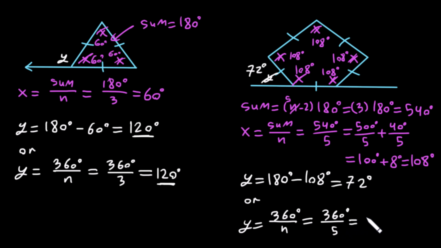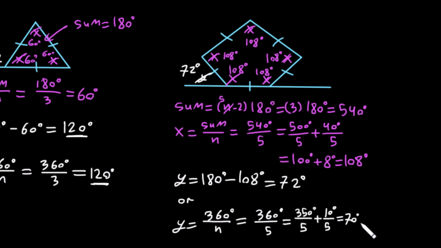360 degrees divided by 5, it's like 350 degrees divided by 5 plus 10 degrees divided by 5. We split 360 degrees into 350 degrees plus 10 degrees. So for this one, 35 divided by 5 is 7, and we put 0 here.